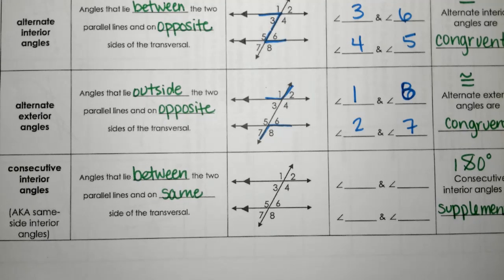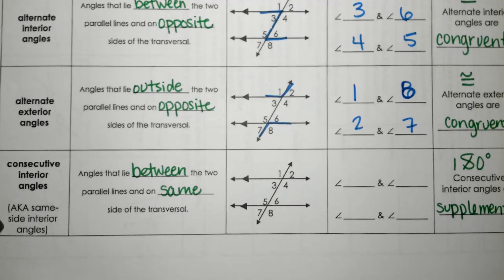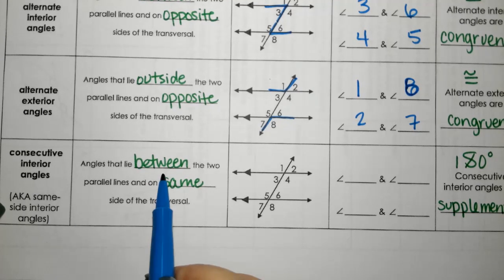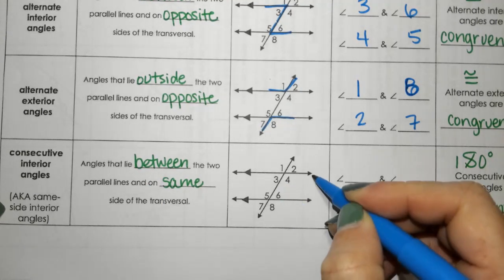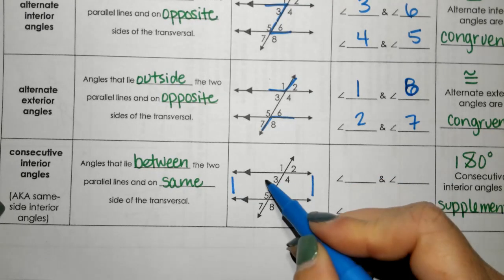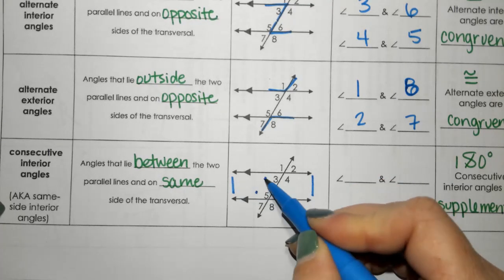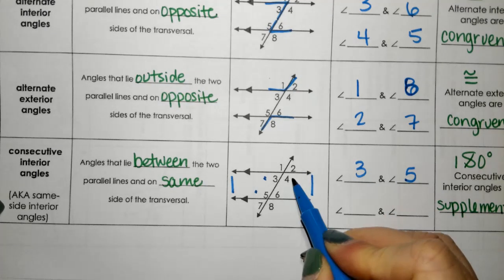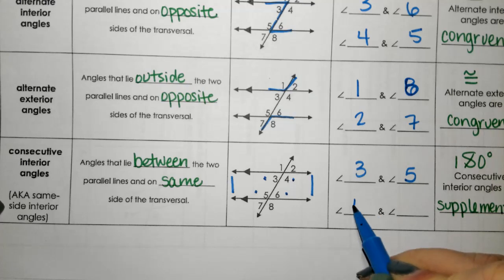Okay, consecutive interior angles. So we have here also known as same side interior angles. Between the two parallel lines, so think only in here, and on the same side of the transversal. So 3 and 5, and then 4 and 6.